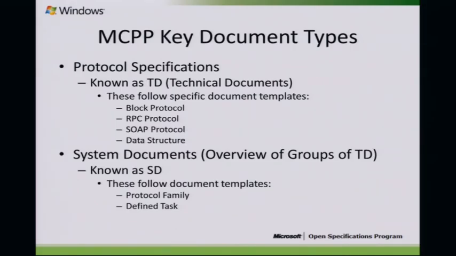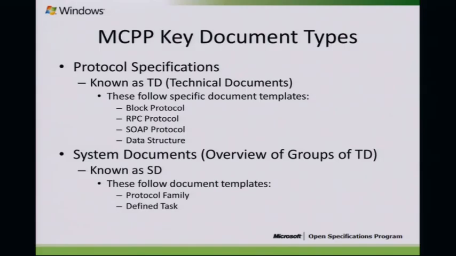So the TDs themselves, the protocol specifications, come in several flavors. They're so-called block protocols, which if I was a C++ programmer, I would just say that's the generic protocol document type. And then the others are kind of more specific versions of that, really. So if you see block, that just means there was nothing specific about it.